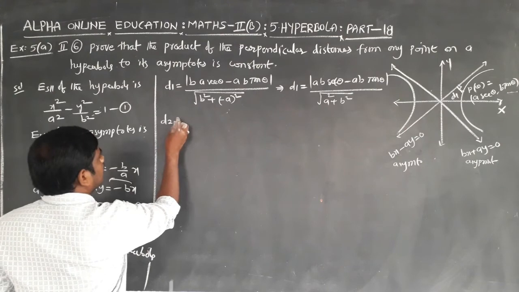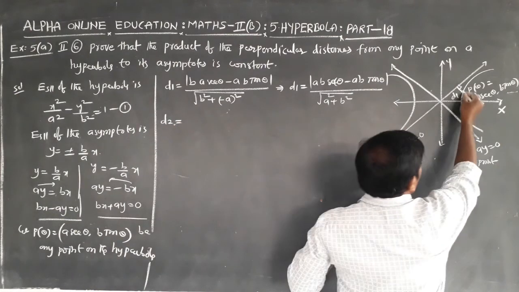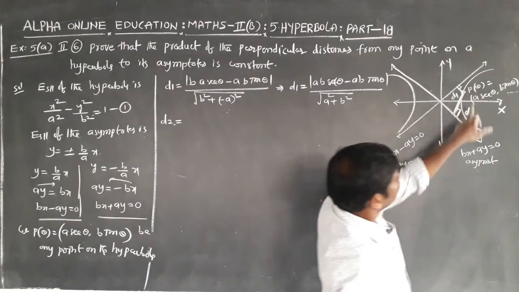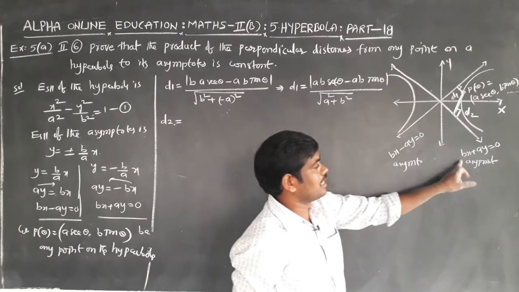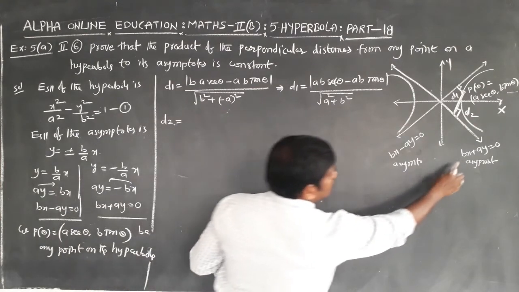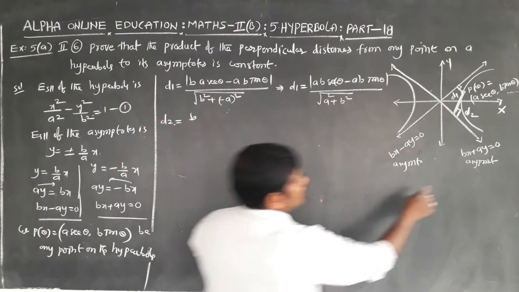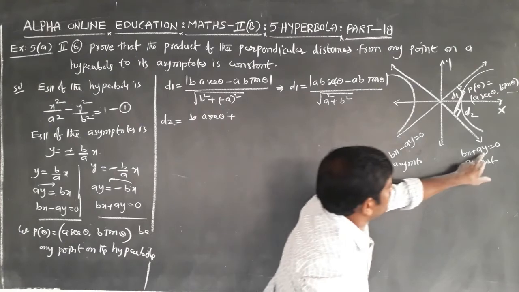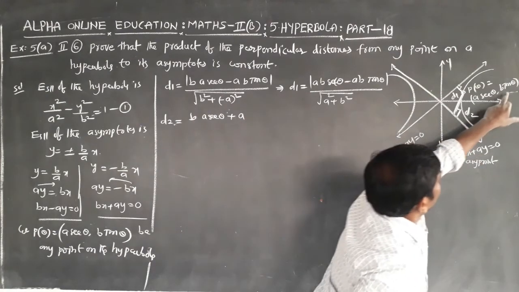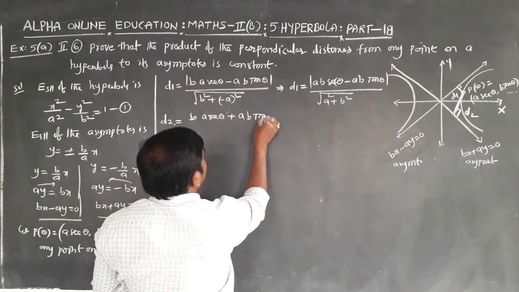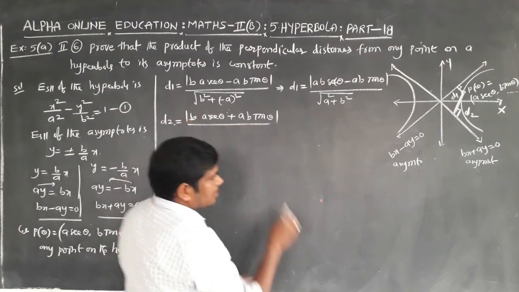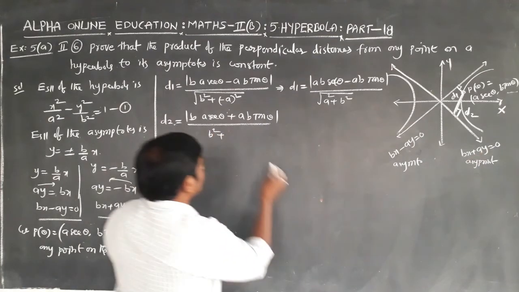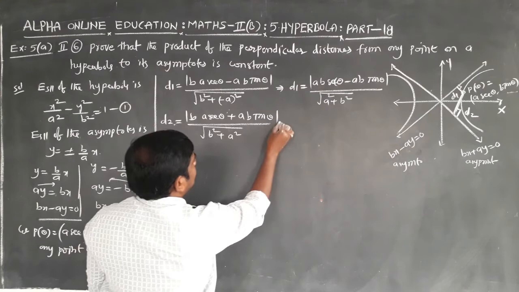Again, let d2 be the perpendicular distance from P to the second asymptote, the second line, bx plus ay equal to 0. Here b into x, x is a secant theta, plus a into y, y is b tan theta, divided by the square root of b square plus a square.